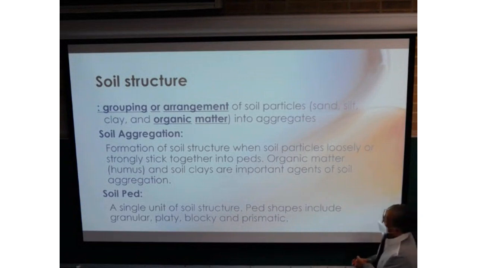So soil aggregation is the formation of soil structure when soil particles loosely or strongly stick together into peds. And organic matter, like humus or compost, and soil clay are important agents of soil aggregation because organic matter and clay act like a glue. So soil particles can be grouped together.